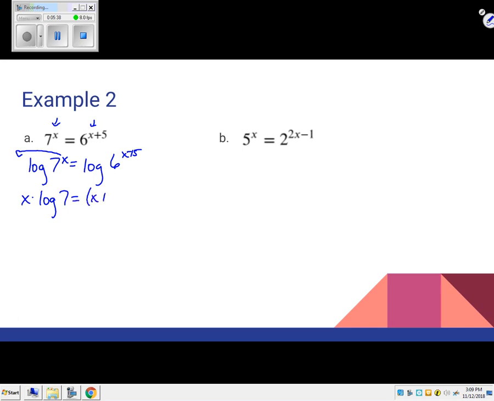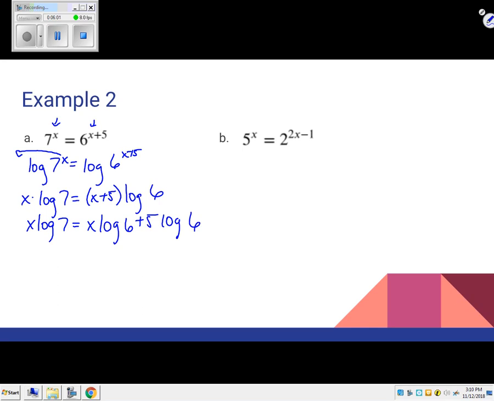In this case, the exponent is x plus 5. It drops down. Now I don't have to worry about any exponents in this equation. I do want to get rid of my parentheses here. So I get x log of 6 plus 5 log of 6. I just distributed log of 6 to both sides.